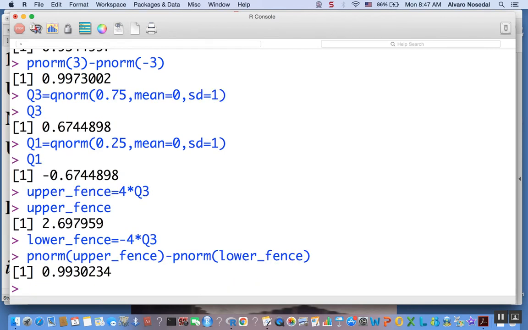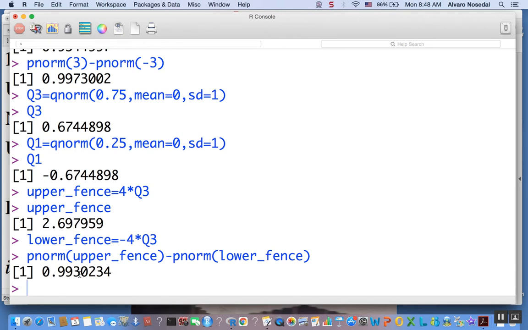Again, that is going to give us the proportion of observations between the upper fence and the lower fence, meaning Q3 plus 1.5 IQR and Q1 minus 1.5 IQR. So 99.3, right?